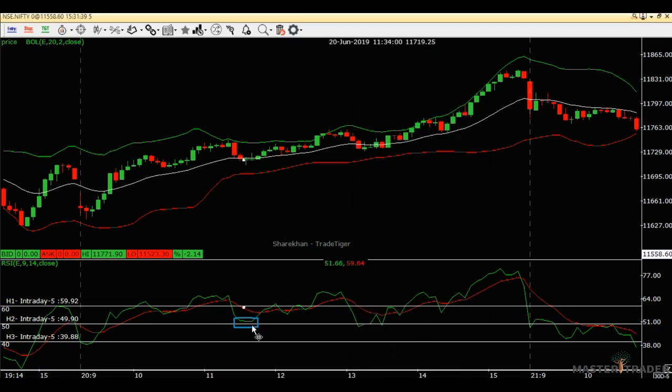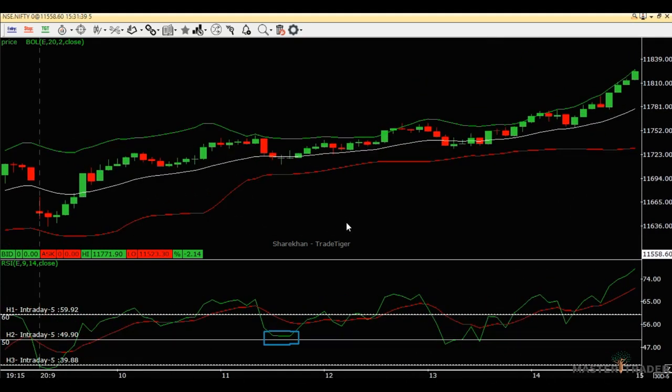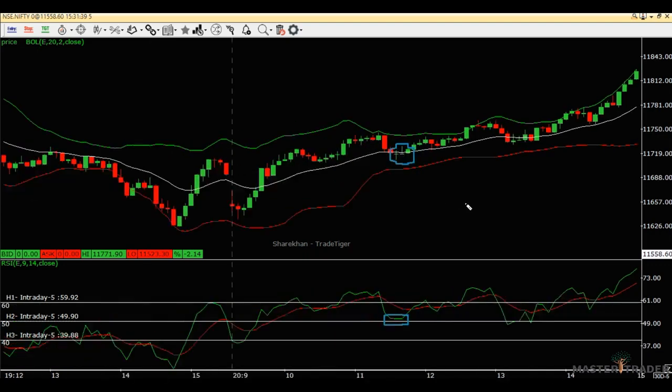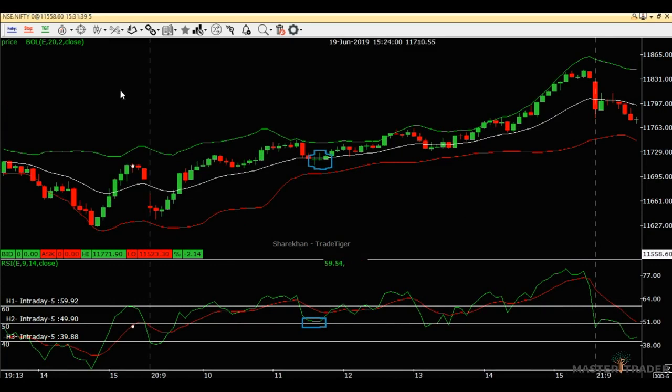So now when it's doing that, I want to come see price and see where it is. So price is also at the 50, the middle Bollinger Band, the 20 EMA. And can we see that price is taking support here? Correct? So this is a buy here.